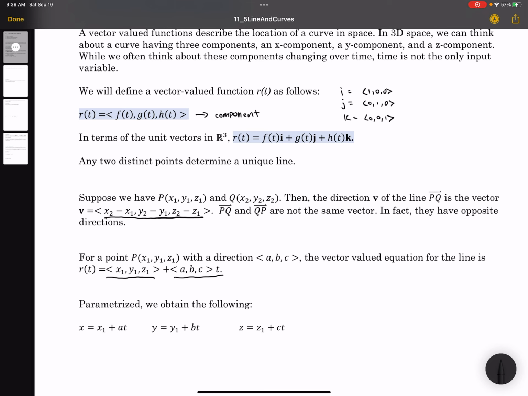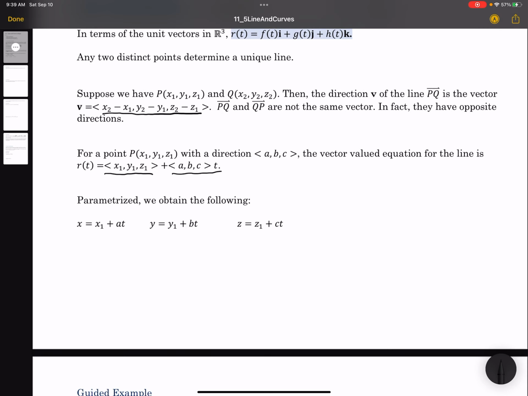And we're going to parameterize that so that we can express the equation of the line as a projection into some plane, because that tells us more about how the graph behaves. Generally for us, z is going to be the component that adds depth above or below the xy plane, but a projection onto the xy plane is going to tell us how the graph behaves. So we'll need to be able to solve for the equation of the line in terms of x and y, or y and z, or x and z, or something.